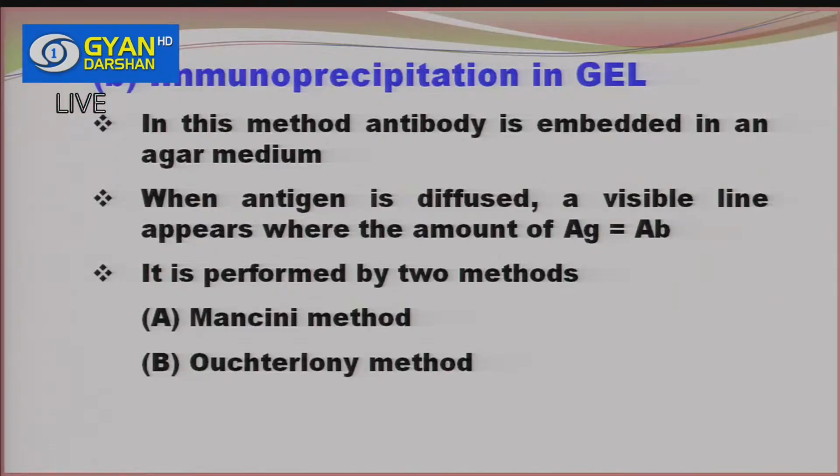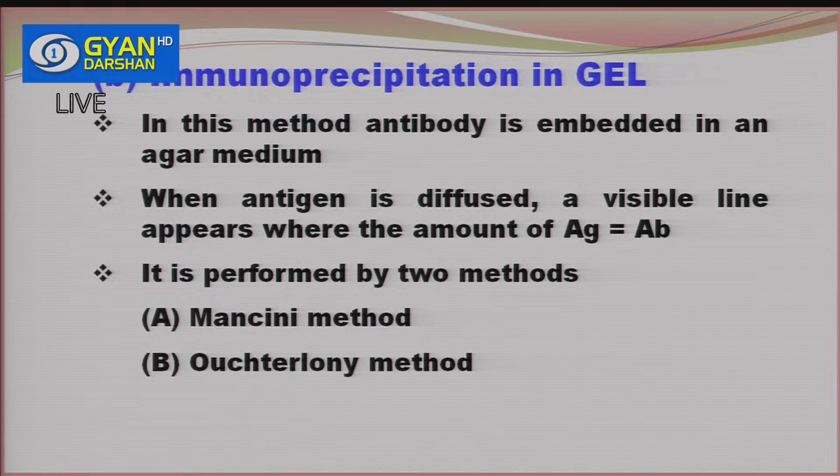Another is immunoprecipitation in gel. We can utilize a gel to measure the immunoprecipitation between the antigen and antibody. In this method, antibody is embedded in the agar medium. So we can take the agar medium, make a gel, and add the antibodies in the gel.